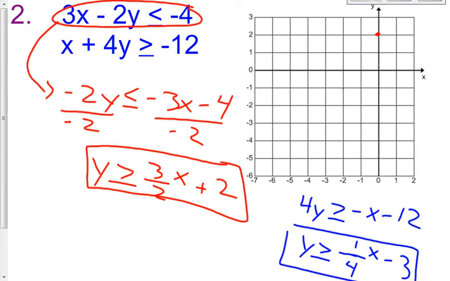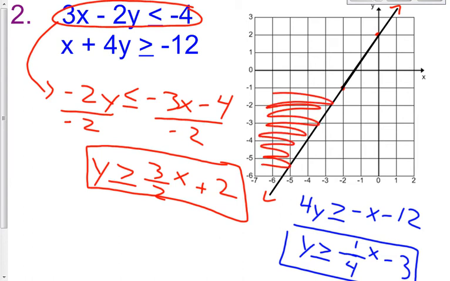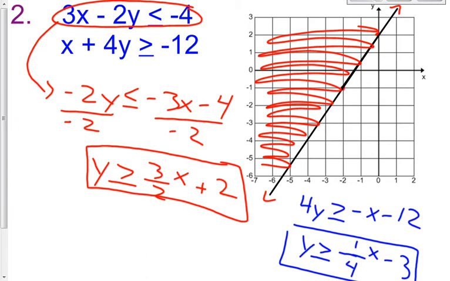I'm going to connect these two dots with my straight edge. Alright, let's shade accordingly. If you only have one colored pencil, let's shade this one horizontally. Because it's everything greater than, I'm going to go above the line. So I'm going to shade everything right in here, from left to right.